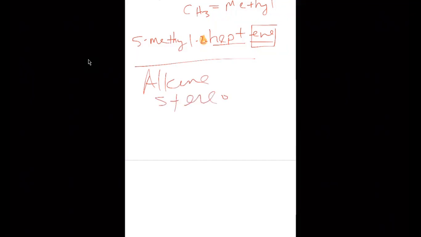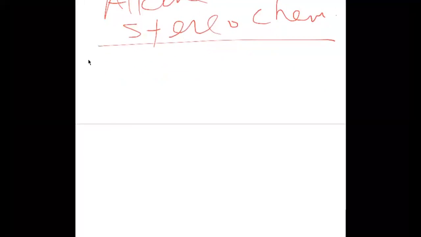When you hear the term stereochemistry, all it literally means is the 3D orientation of a molecule, right? So when you talk about stereochemistry, you really have 2 conventions. The first one is the cis-trans convention, right?